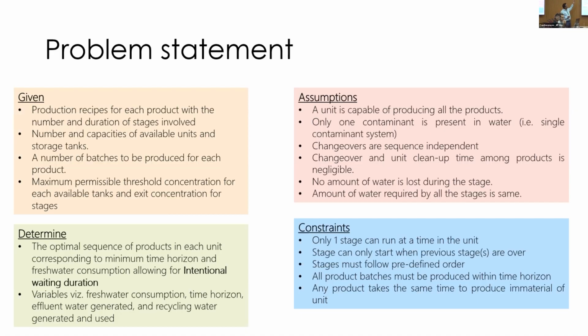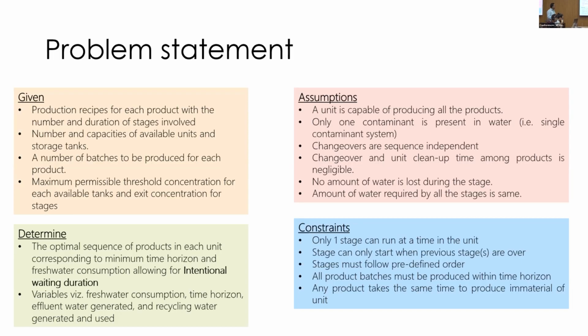Then we make assumptions: a unit is capable of producing all the products, only one contaminant is present, changeovers are sequence dependent, and changeover times are negligible. Also, no amount of water is lost during a stage, and the amount of water required by all the stages is the same. Those are the assumptions we make.